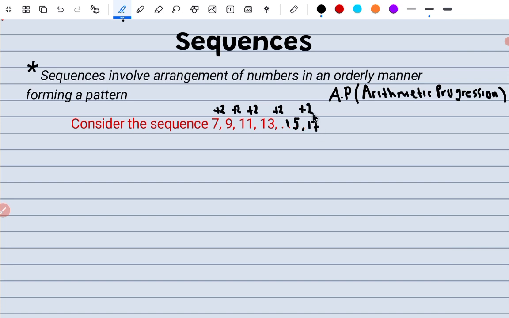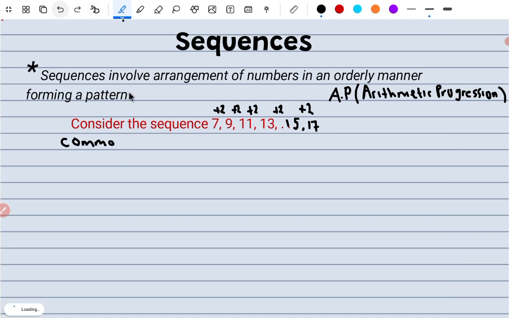Now, this 2 that we're adding here is called the common difference. Sorry, I was too fast in writing.